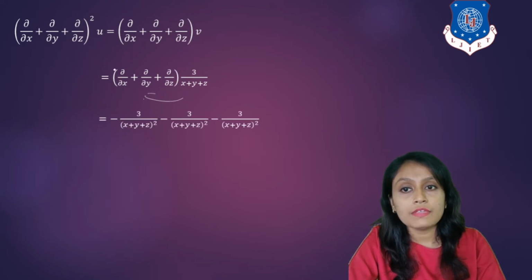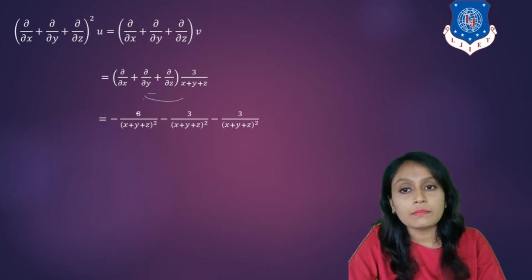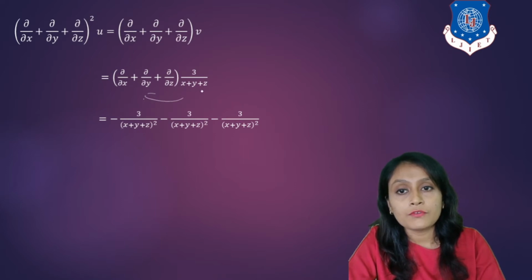Firstly we take the derivative with respect to x of 3/(x + y + z). For that we apply the formula that the derivative of 1/x is −1/x². So here you will get −3/(x + y + z)². Now if you apply the chain rule here, y and z are constants so their derivative is 0, and the derivative of x is 1. So only 1 is multiplied, right?